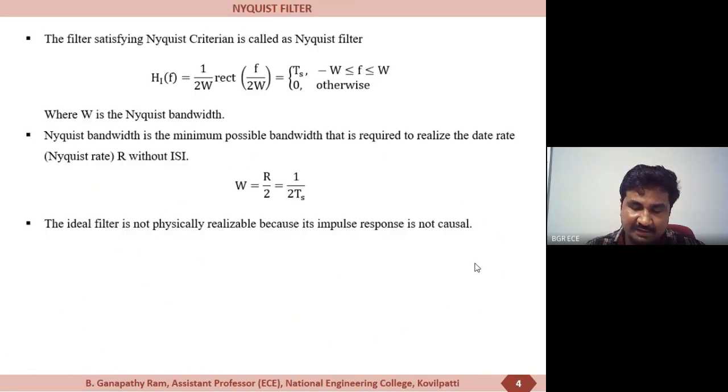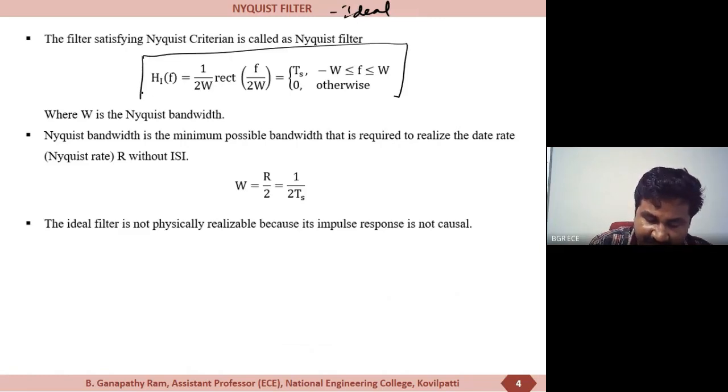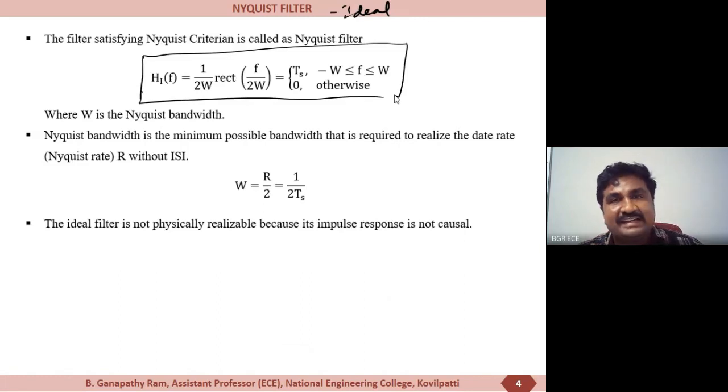First we are going to discuss the ideal case, which is called the Nyquist filter, in which we have a rectangular frequency response of the filter, which will create a sinc function in the time domain, which is not at all possible in the practical case, because the impulse response of this Nyquist filter, Hi of t, should be a sinc function.